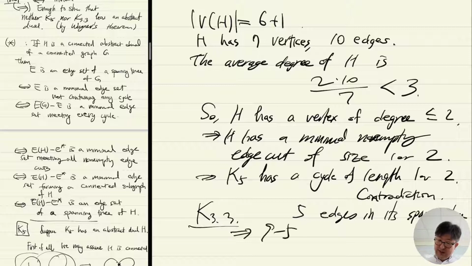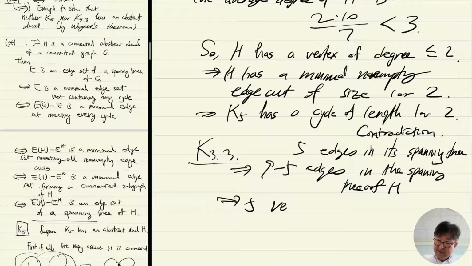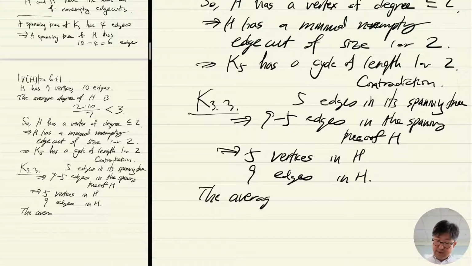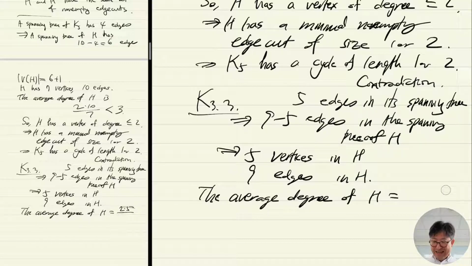So that means 9 minus 5 edges in the spanning tree of H. So that means 5 vertices in H and 9 edges in H. Then the average degree of H is going to be 2 times 9 divided by 5.